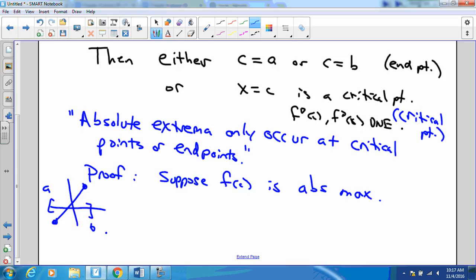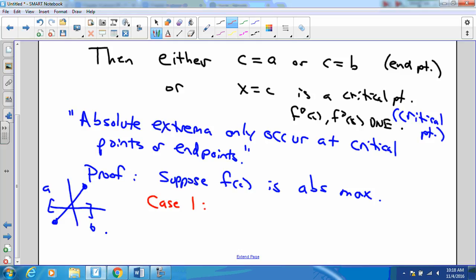What did you notice logically about what the two of you accomplished or did? There were two separate places. Bingo. We're going to call them cases. There were two separate cases. And so a very common math thing is to say case 1, case 2. So which case do we want to have first? Critical, which is the local. Look at that point. And what would be our first case?